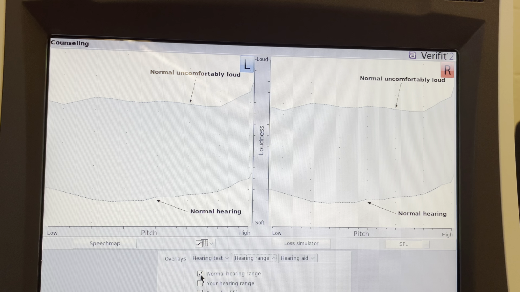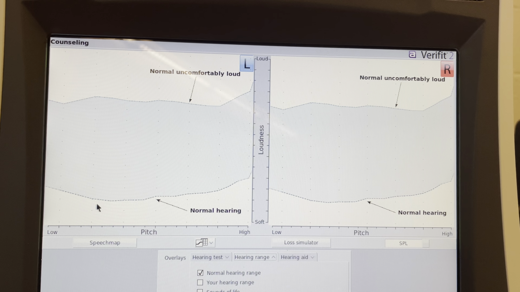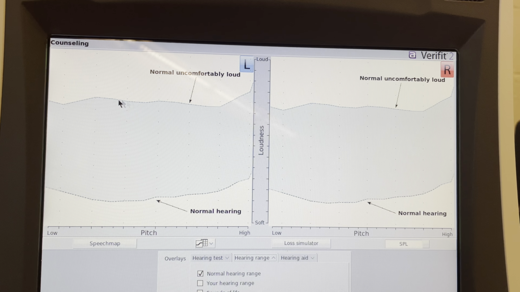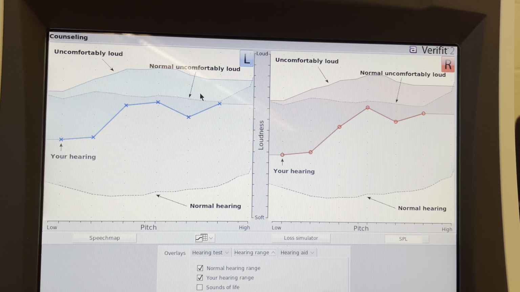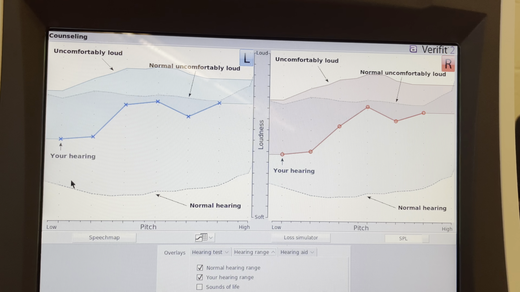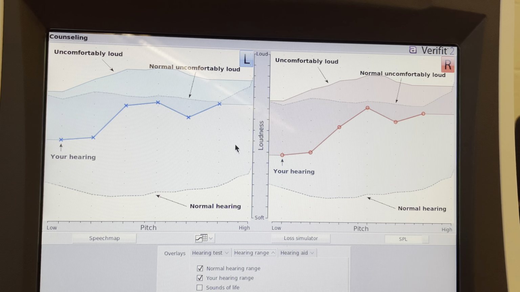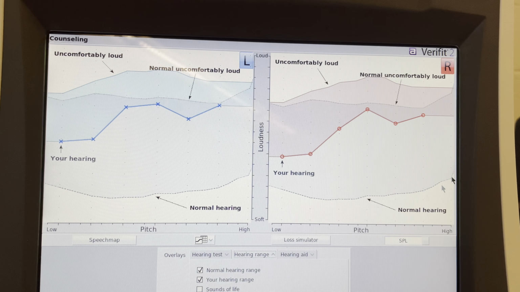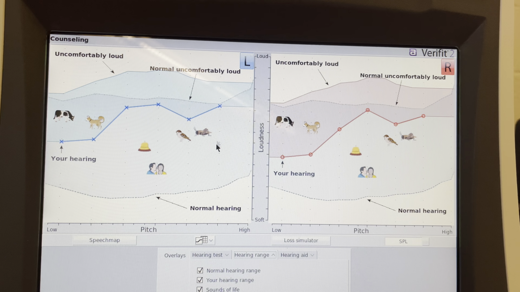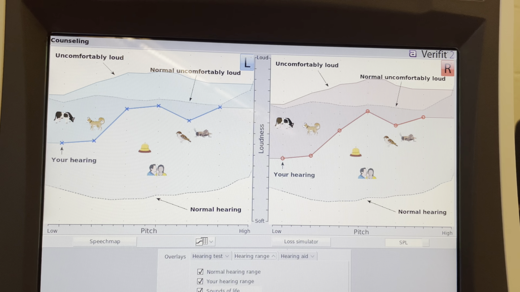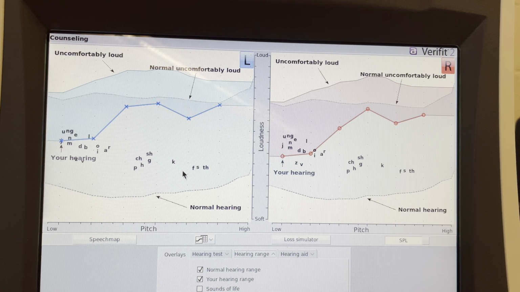This will show us the normal hearing range from very soft sounds that we can just barely hear to very loud sounds. And then this is her hearing range in the blue shaded area for the left ear and the red shaded area for the right ear. So remember, she is just barely hearing these sounds here. So she's missing everything here in the gray section. So she's missing these environmental sounds and speech sounds.